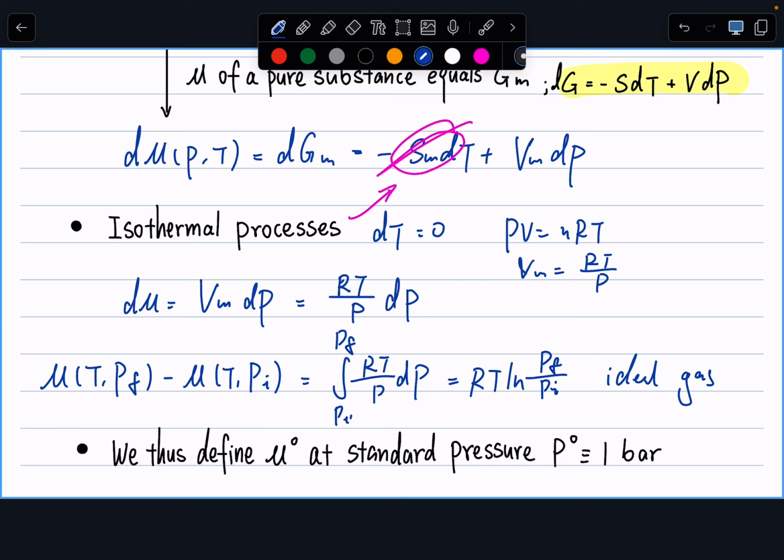Now, introducing our initial state as the standard state, or replacing my P initial with P naught equals 1 bar.